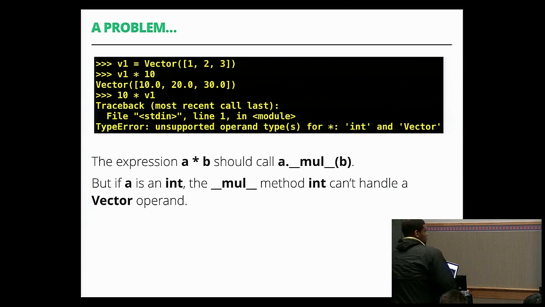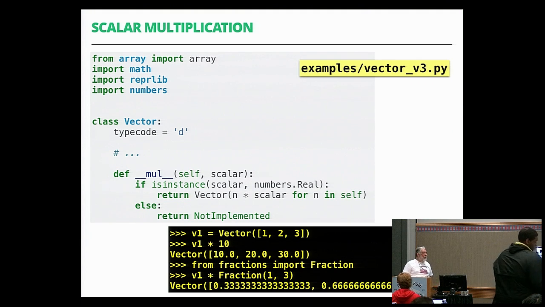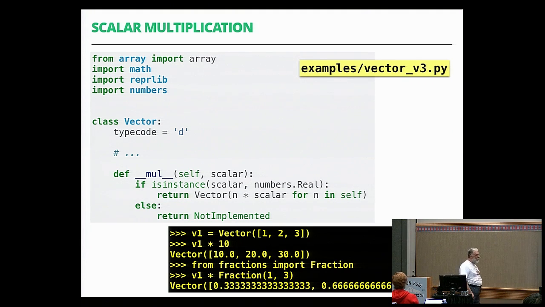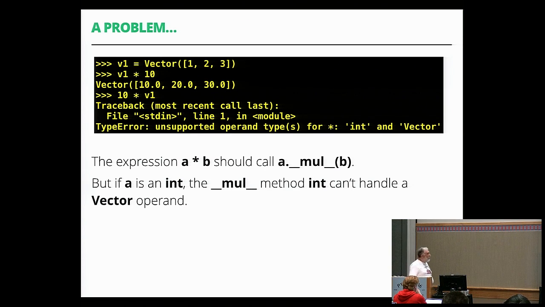So here's the thing. These tests pass with this implementation, okay? However, this test fails. So I can multiply a vector by 10, but I can't multiply 10 by a vector.